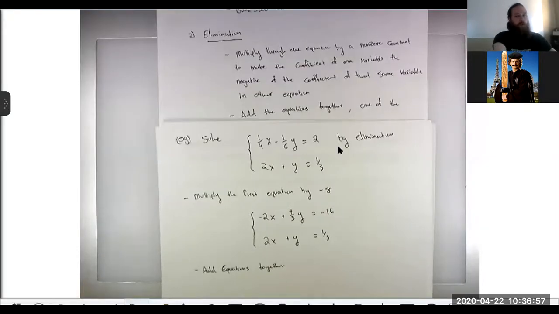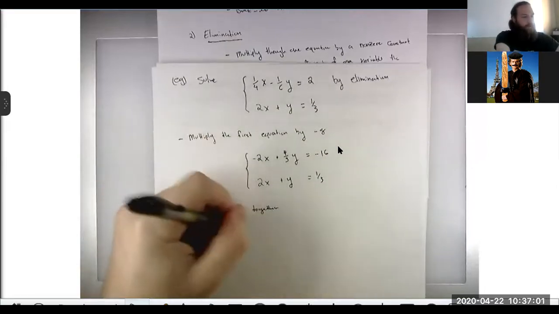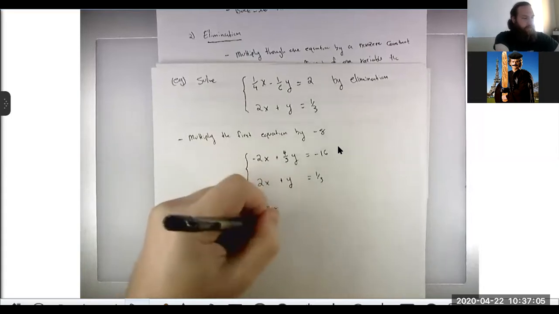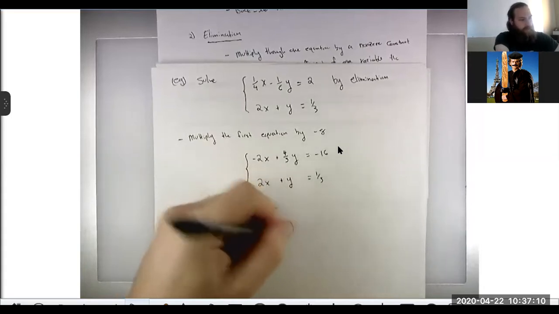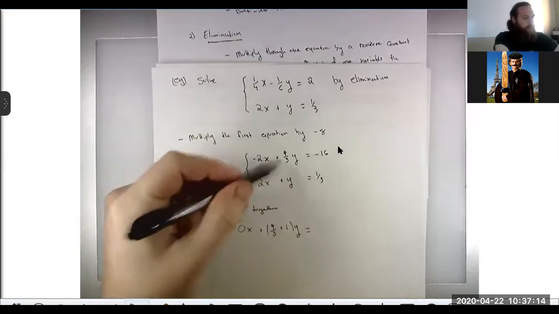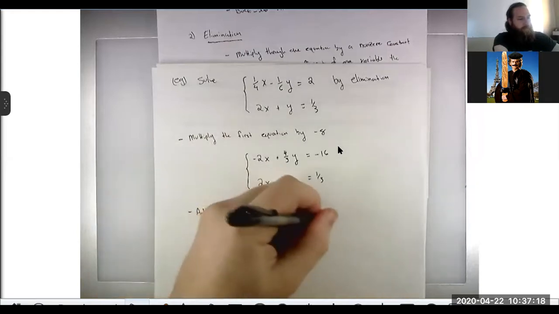So while we wait for that info, let's come back to this, because I would very much like to solve this system. So now we're going to add the two equations together. If I add negative 2x to positive 2x, I get 0x. I'll have 4/3 y plus 1y.